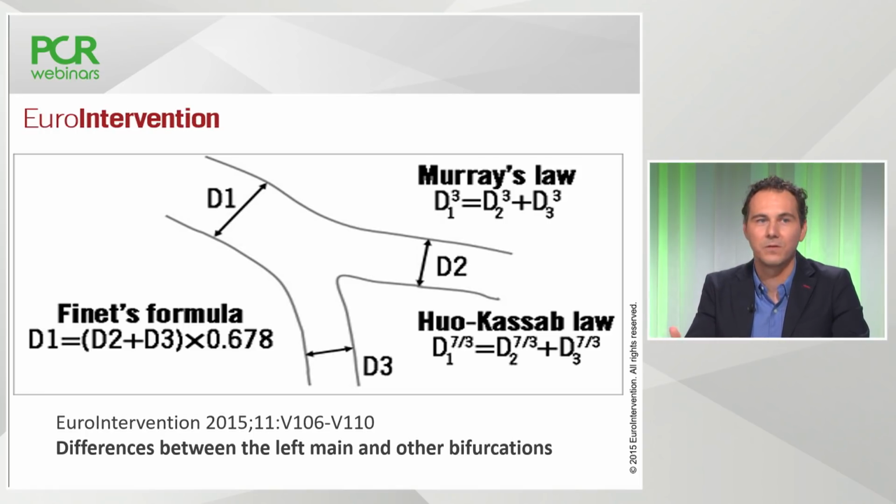We all know that, it's obvious sometimes, but we have to remember it. Bigger vessel in the proximal part, smaller vessel, smaller diameter. And if you want to go further, there is Finet's law, which is very interesting to calculate both the side branch and the main vessel. I would like to stay a little in this discussion.